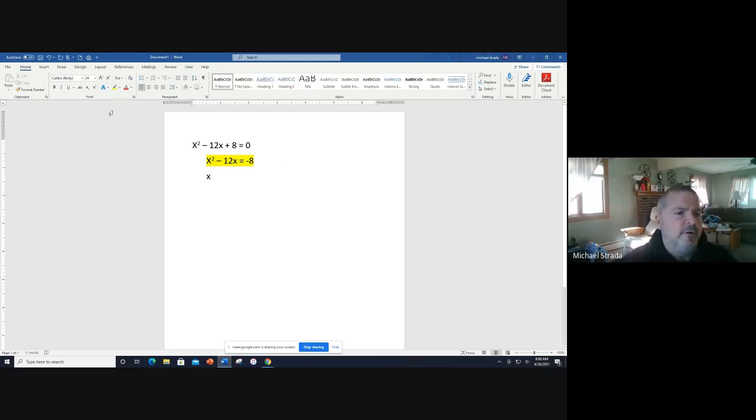Half of 12 is, of course, 6. So we're going to have x squared minus 12x. Half of 12 is 6, and we're going to add 36 to both sides. Make sure you do it to both sides.